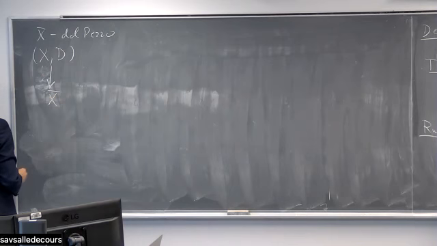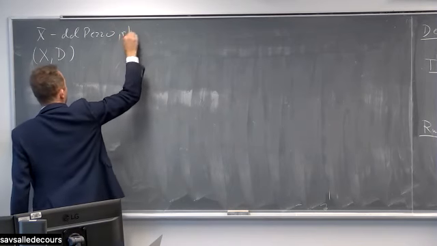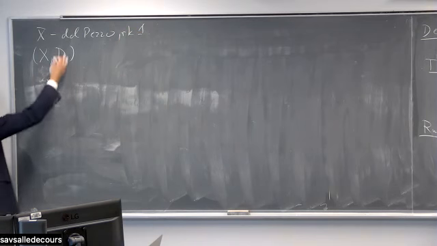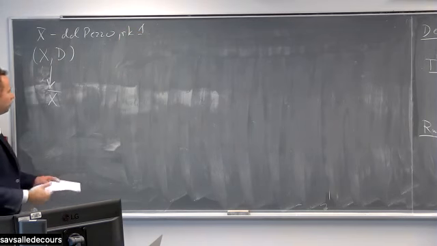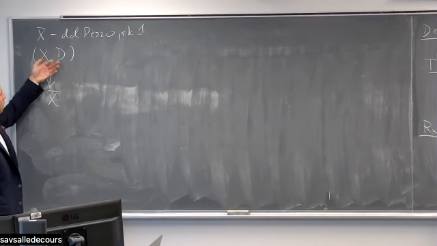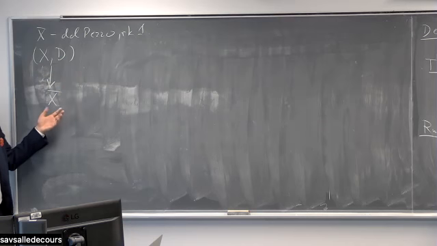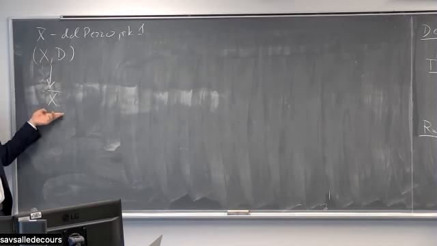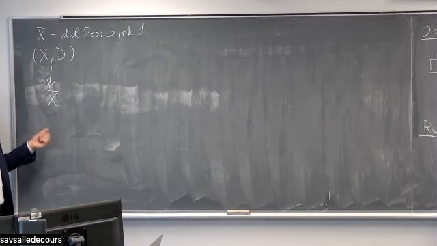Now, I said that the general philosophy is that if you want to understand some log surface, you can run the MMP. But actually, things trivialize here. Because if I run the MMP on this log surface, then I go back to this surface, contracting the whole exceptional divisor, and I do not learn much.